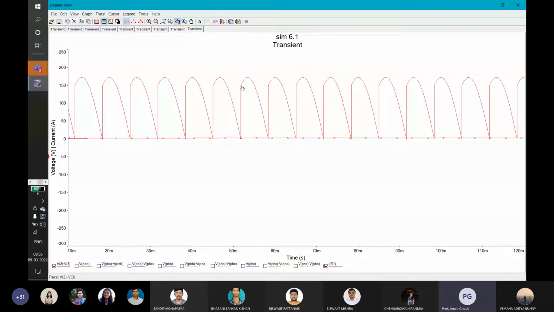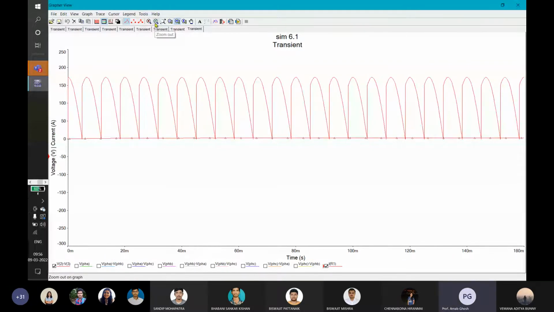Is it correct? Do you know, is the result okay? Aditya? Yes, sir. Please explain your results. Why does this type of waveform come?